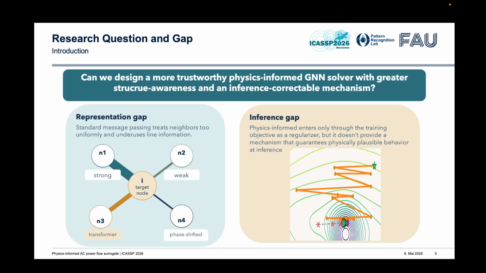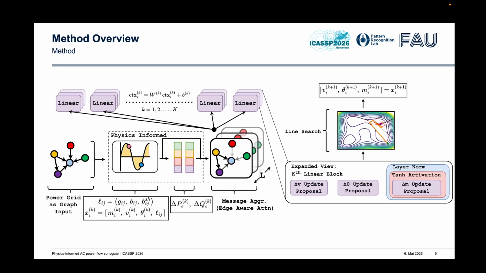To close both gaps, we designed our method pipeline with two main components. First, for the representation gap, we designed a transformer-style, edge-aware attention-based message aggregator instead of using a multi-layer perceptron-style uniform message aggregator.